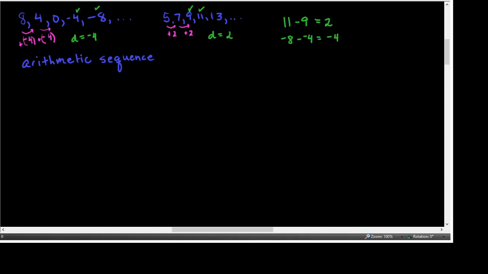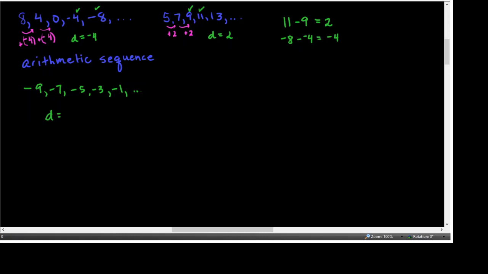All right. So if you're given an arithmetic sequence, let me copy this one down. So we have a sequence, and we're asked to find the common difference. You can pick anything in there, well, except for the first one. I should probably have said that earlier.